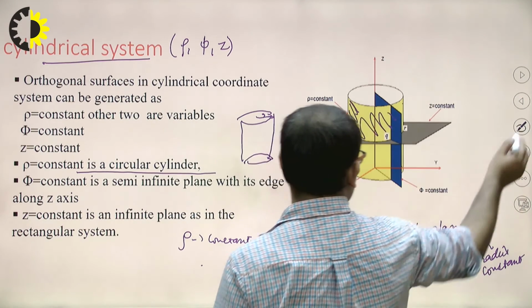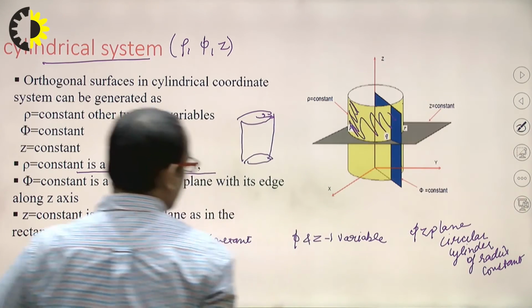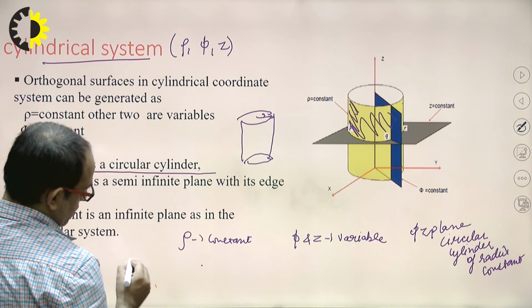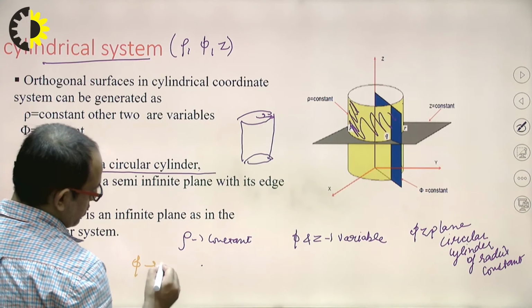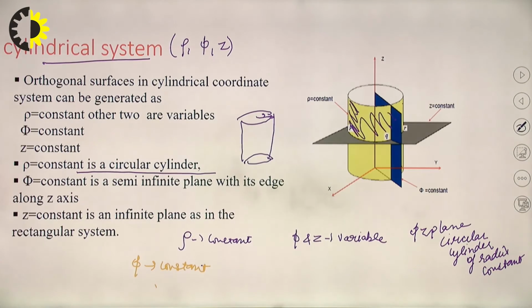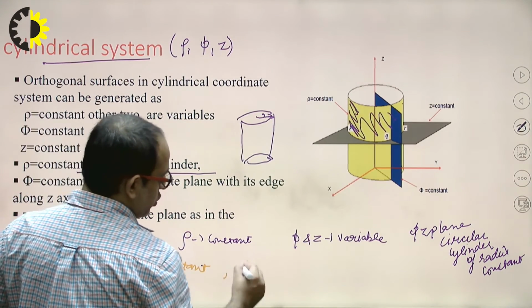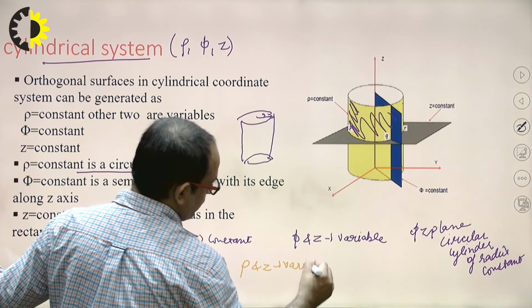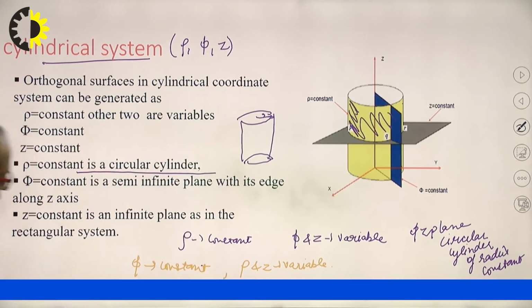Now if I say that phi is constant, means phi can be 120 degree, 30 degree, 40 degree, and rho and z are the variables. So what will it be?